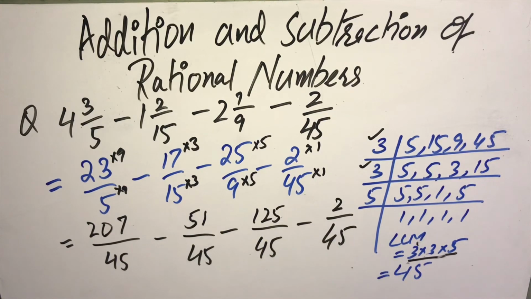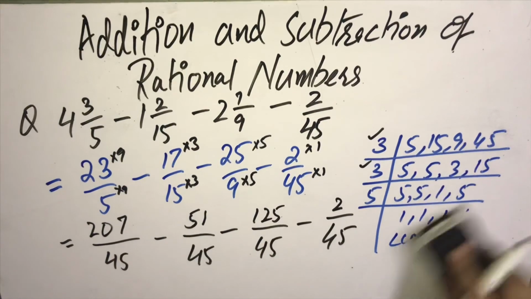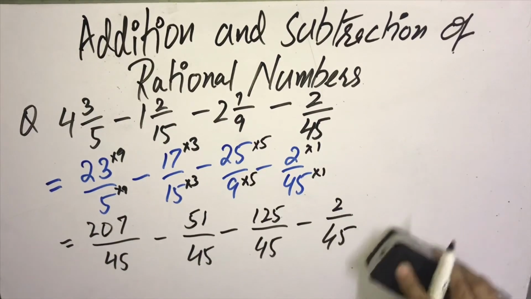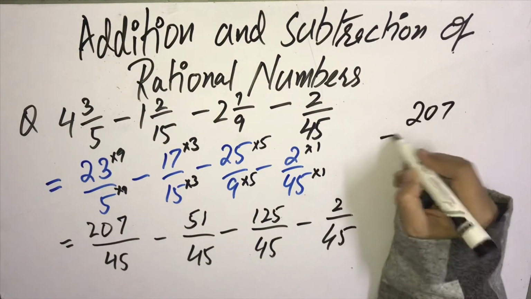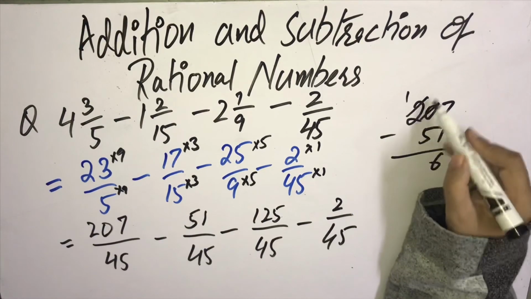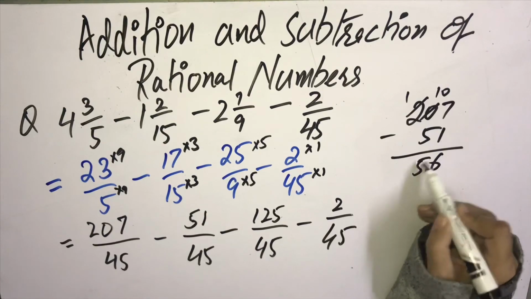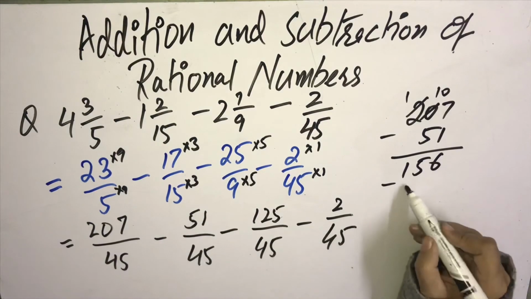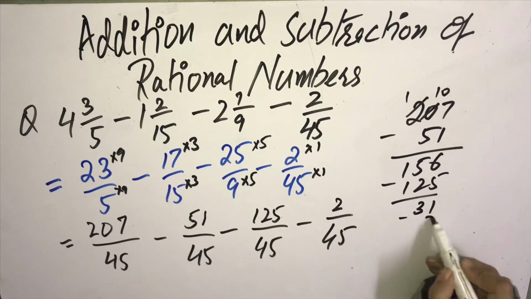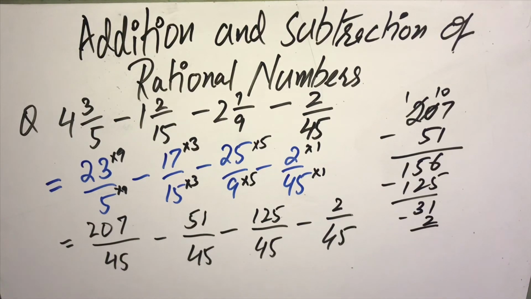Now we shall subtract. We can subtract at the same time, but we can subtract step by step also. 207 minus 51 will give us 156. 156 minus 125 will give us 31, and 31 minus 2 will give us 29.